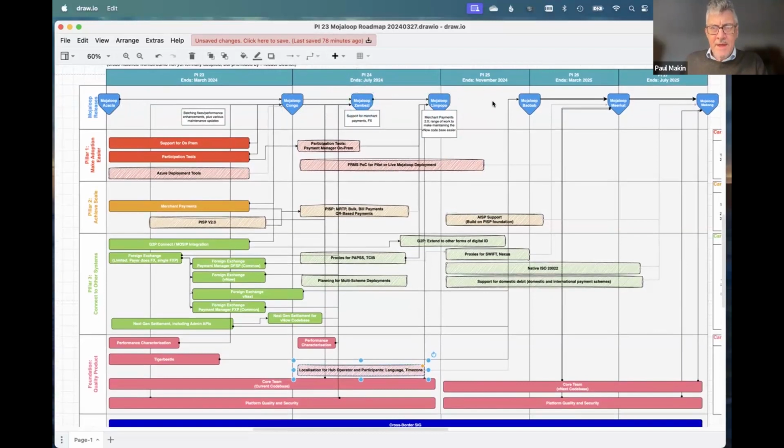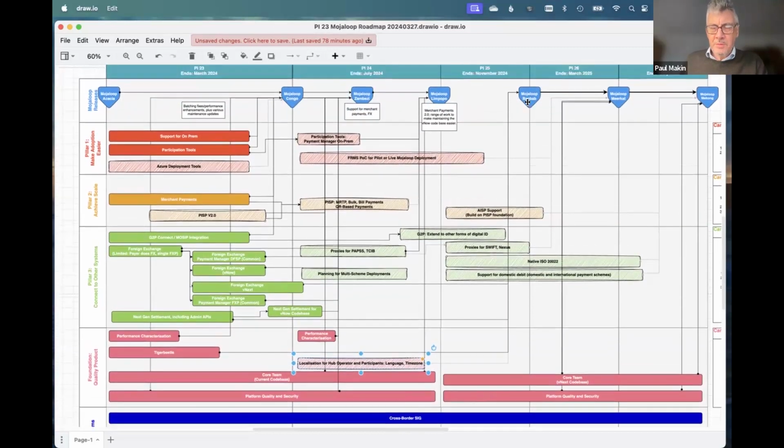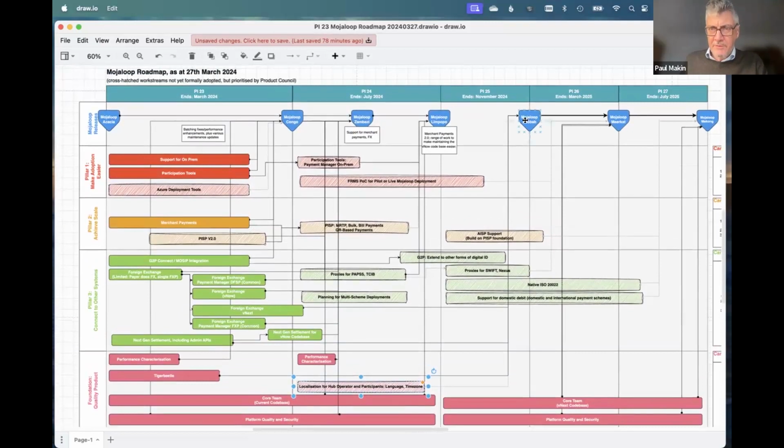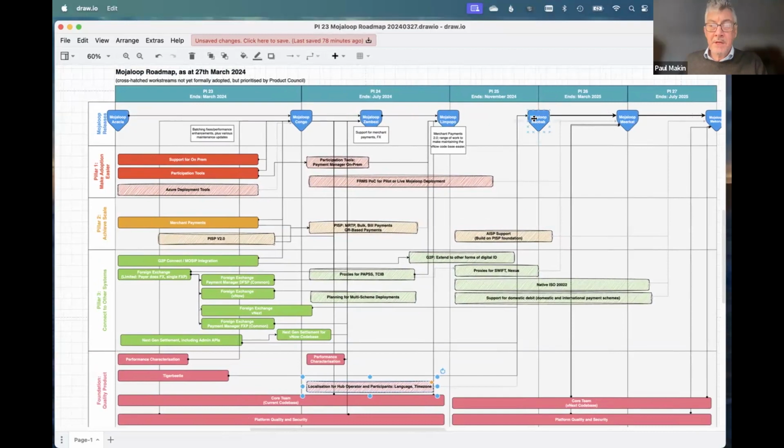We then have a hiatus here, and this is because we expect at some point the VNext code base to be taking over in terms of our future releases of Moduloop. It will be a drop-in replacement. That is a basic requirement, but we don't know quite when this will come. So tentatively, we've penciled it in for the end of November, the end of PI 25.